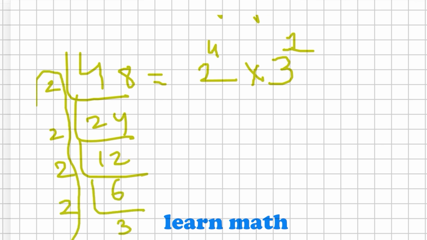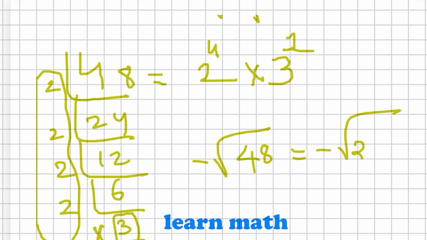So 2 to the power of 4, 3 to the power of 1. So negative square root of 48 is nothing but negative square root of 2 to the power 4 times 3 to the power 1.